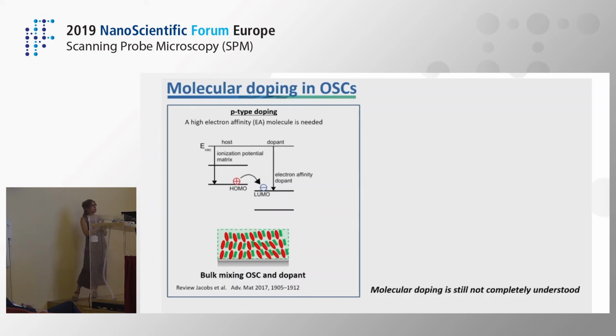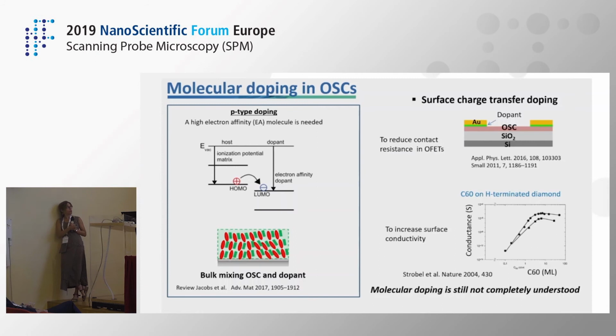Most commonly, the dopant is evaporated in the host material, but this has an adverse effect on the structural order of the organic semiconductor. Another way of doping is what is called surface charge transfer doping, where the molecular dopant is just deposited on top of the organic semiconductor.